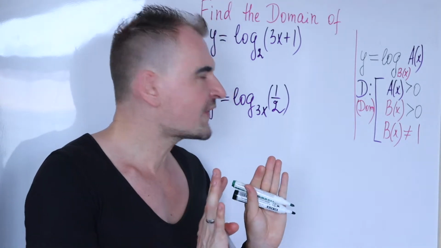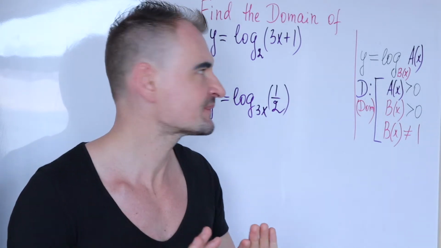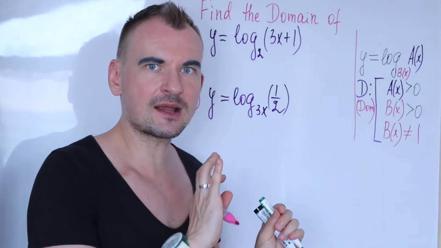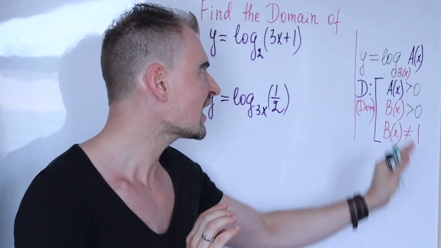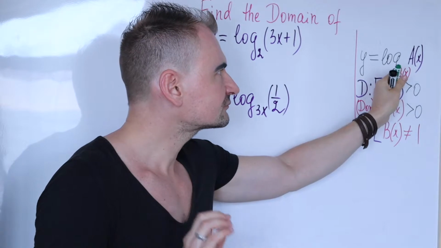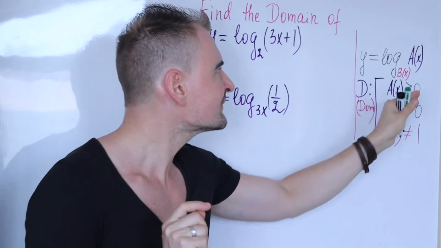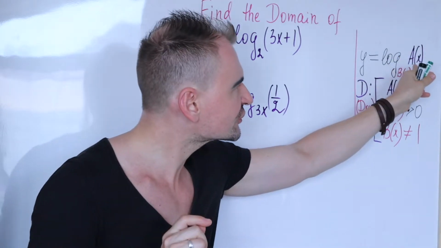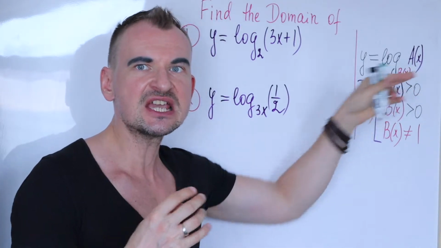As a good rule of thumb, for log functions there are a couple of things to keep in mind. Generally speaking, your log function has two parts, namely the argument, which is denoted by a of x in this case.